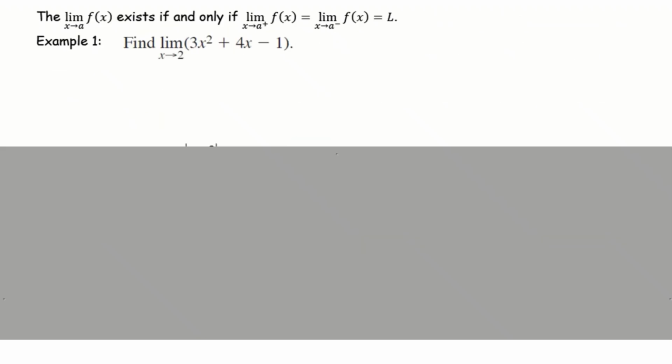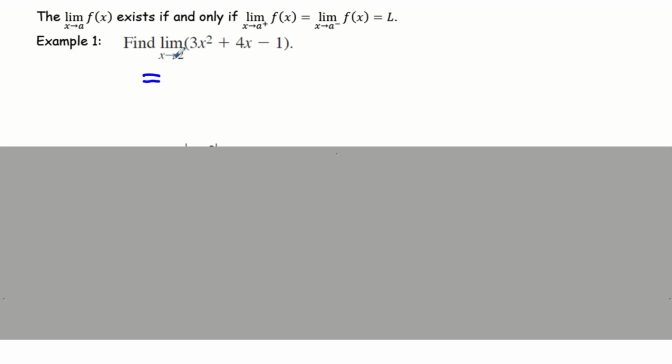So the first example is the limit of 3x squared plus 4x minus 1 when x approaches 2. We are looking for the limit of this one, and you see we don't have a denominator. By default it is 1, so it's not 0. Then we are just going to do direct substitution.